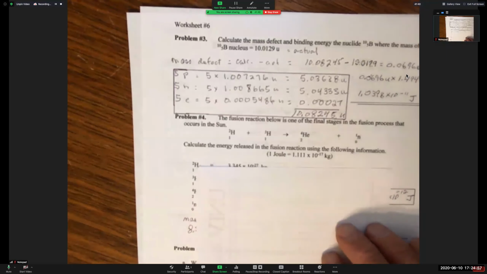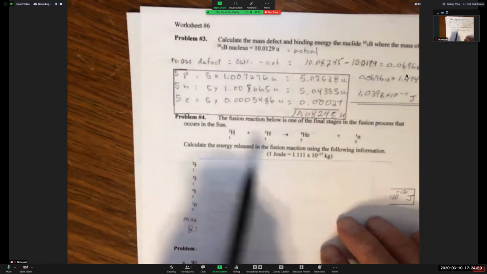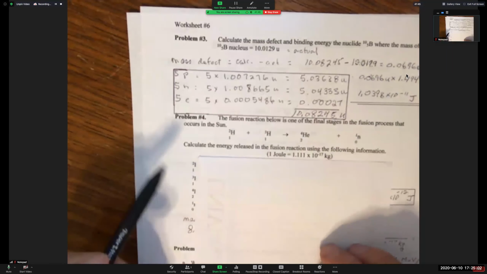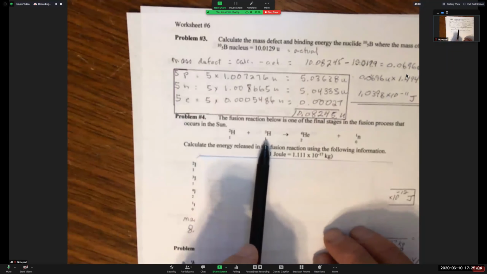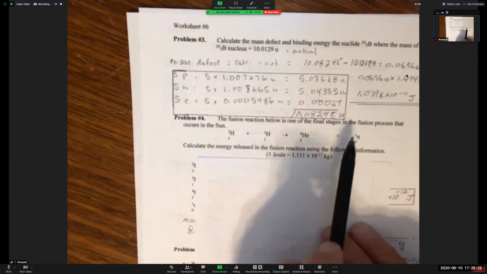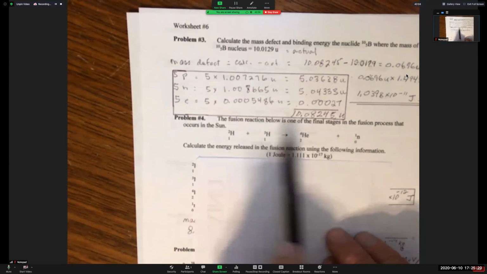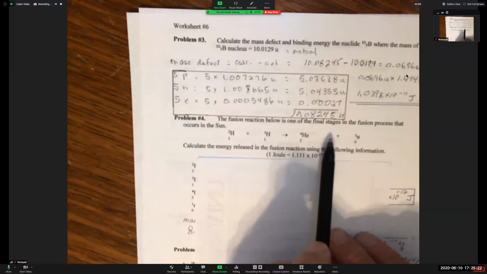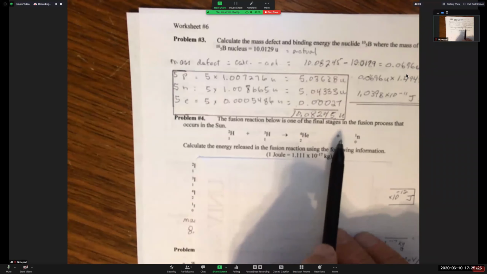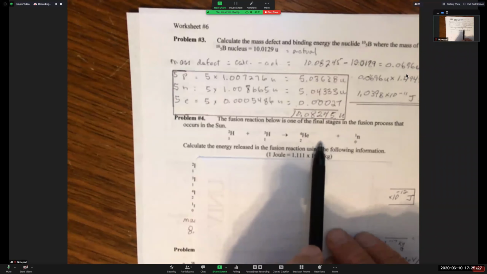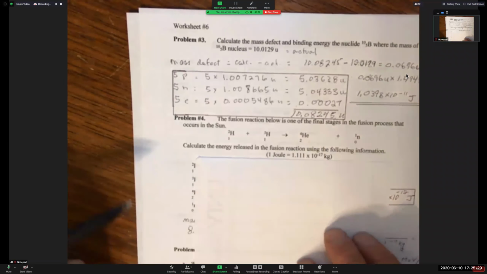So the way to do that is, when these reactions occur, remember the difference between a nuclear reaction and a chemical reaction is that nuclear reactions don't have conservation of mass. So to calculate the energy, we're going to see what the mass difference is between the reactants and the products, and the mass difference is going to be equal to the energy released when this nuclear reaction occurs.